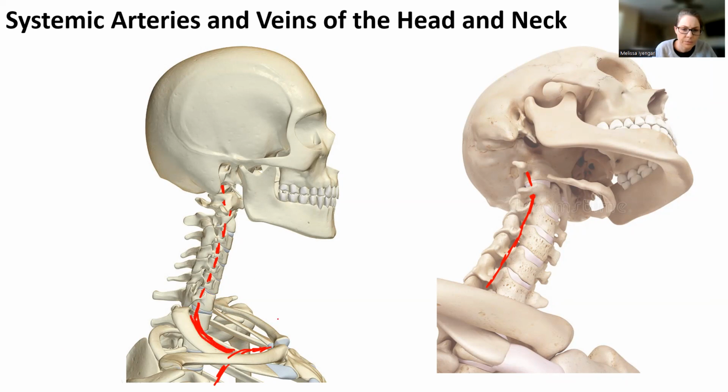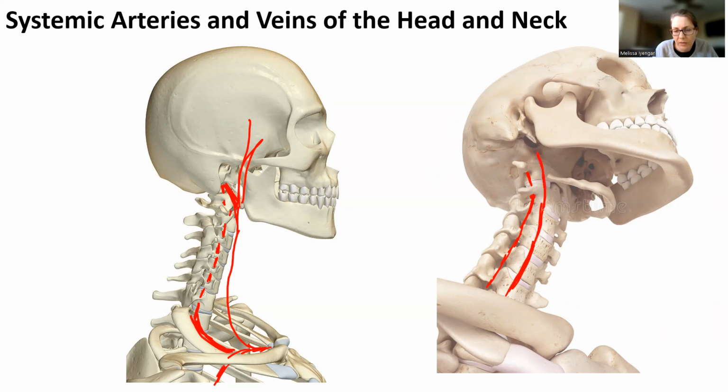This is vertebral. And then also coming up right where that would be brachiocephalic, you're going to see common carotid. And then common carotid is going to branch and go up inside the skull and then come up this way.